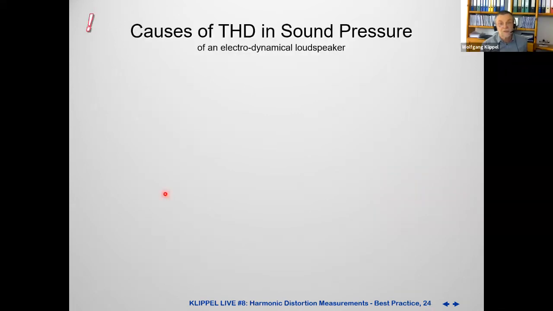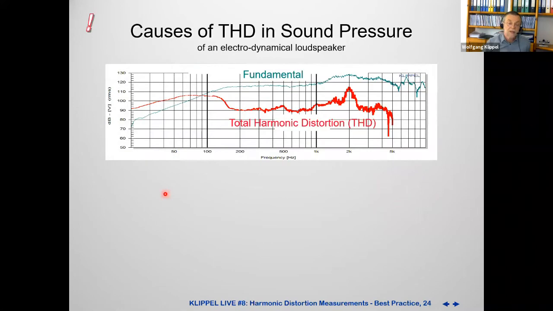If we are using this THD metric on an absolute scale, then we usually get such a result. That's driven quite hard, so we have applied a high voltage. Then we see here the fundamental, and then the absolute total harmonic distortion. The interesting point is that in the passband, the THD is usually far below the fundamental, here 20 dB or 30 dB less, here at a certain modal resonance.